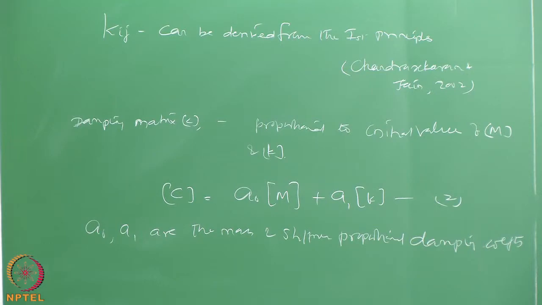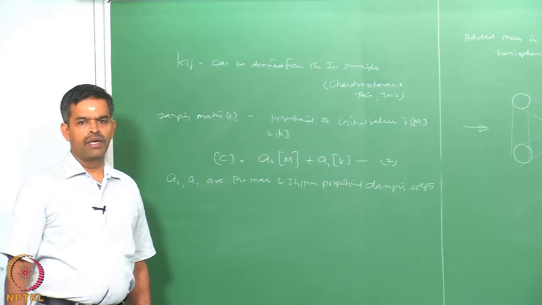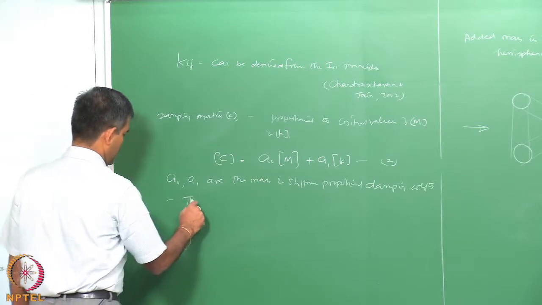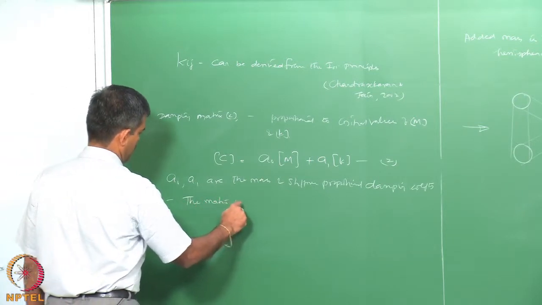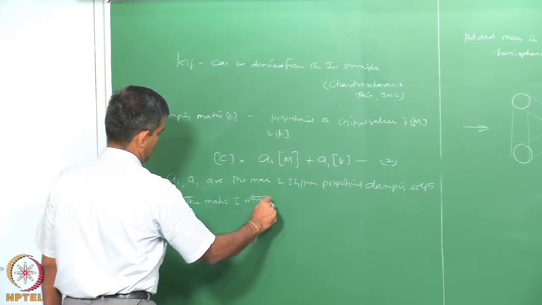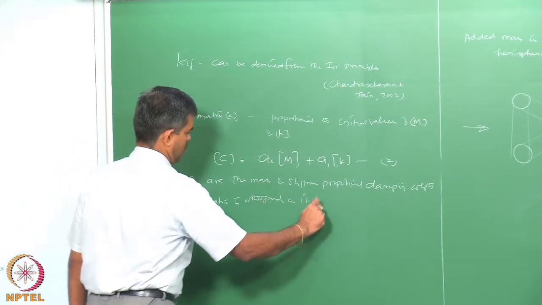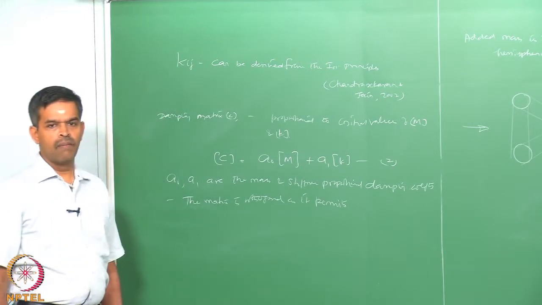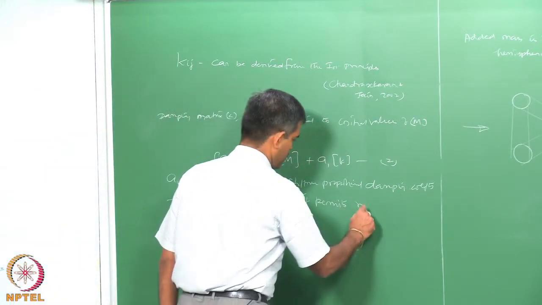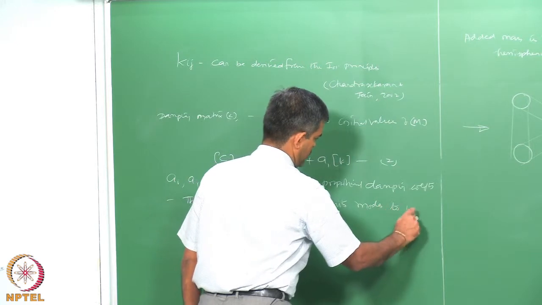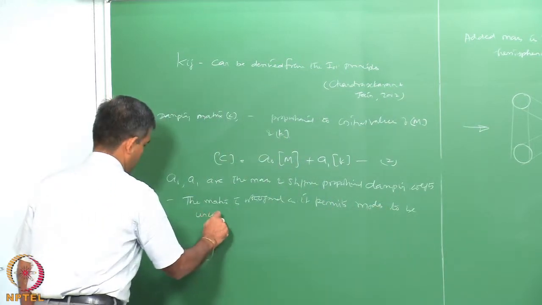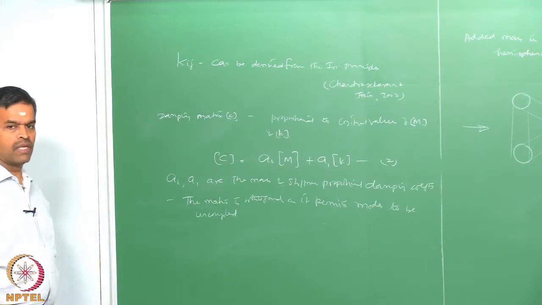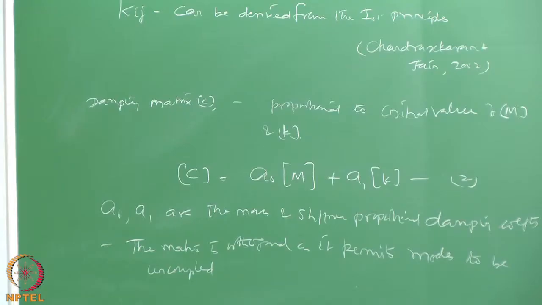The damping matrix given here is interestingly orthogonal, because it permits modes to be uncoupled by the eigenvector associated with the undamped eigenvalue problems. Okay.